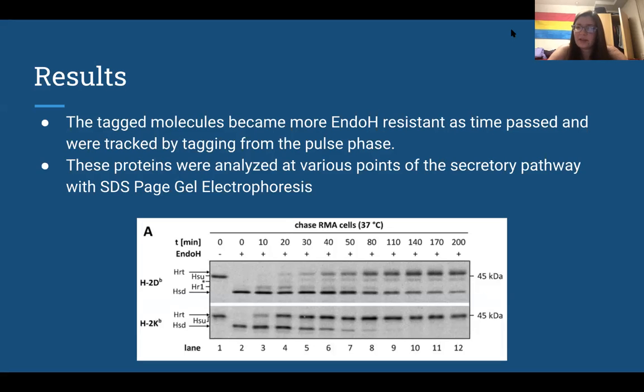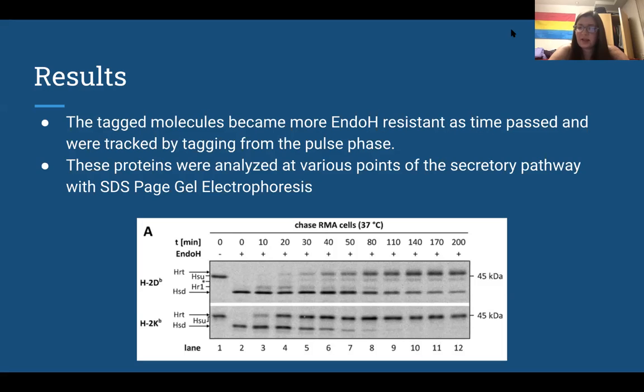Now as a reference, the H2D and H2K refer to specific MHC class 1 proteins. HRT refers to endo-H resistant protein and HSD refers to endo-H sensitive protein. Basically, the researchers used pulse chase to capture MHC class 1 proteins at various points at the secretory pathway.